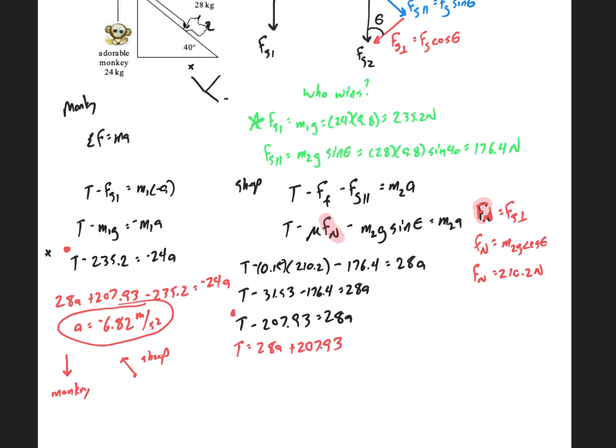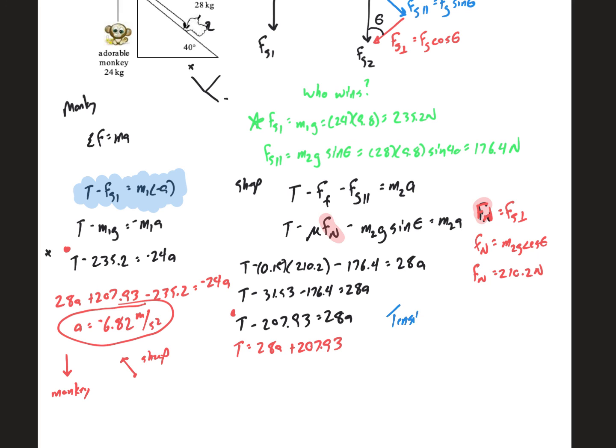So now that we know the acceleration of the system, we can go back and use either one of these two equations to figure out what the tension in the rope is. I think I'm going to use this value right here, simply because it seems to be less complicated than the others.